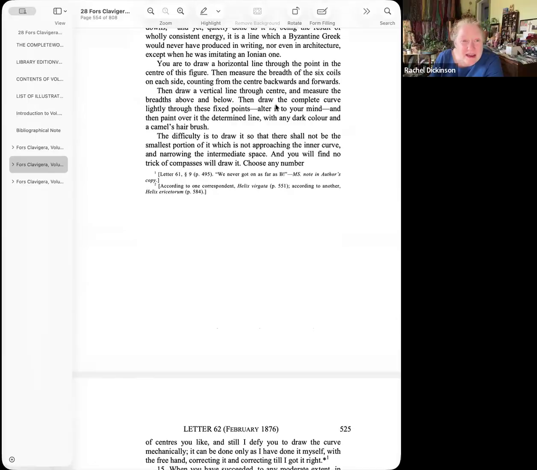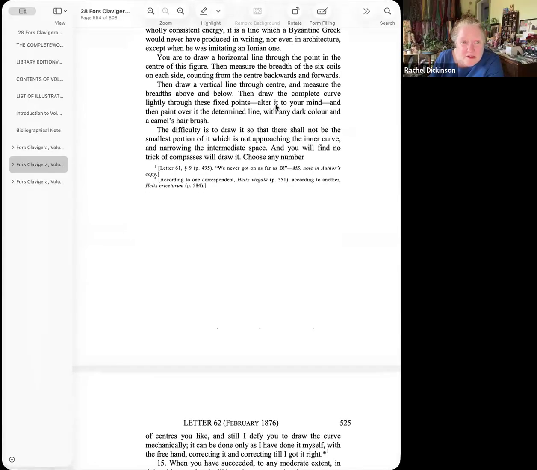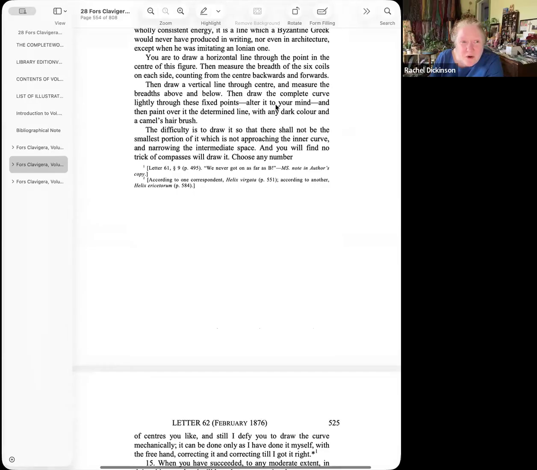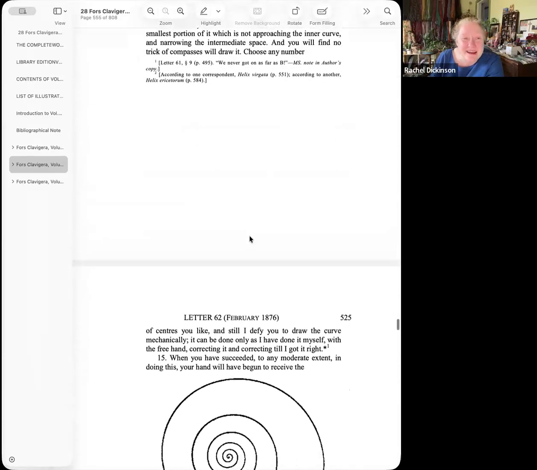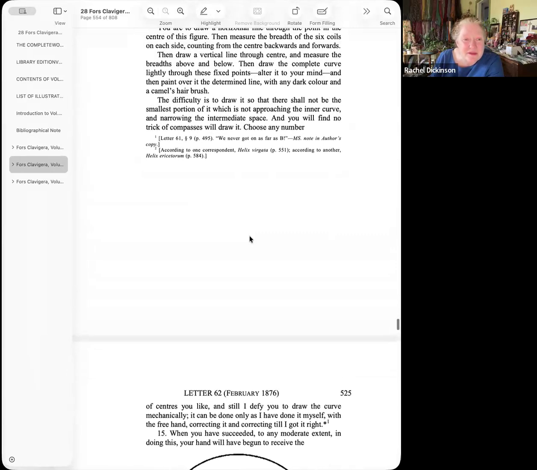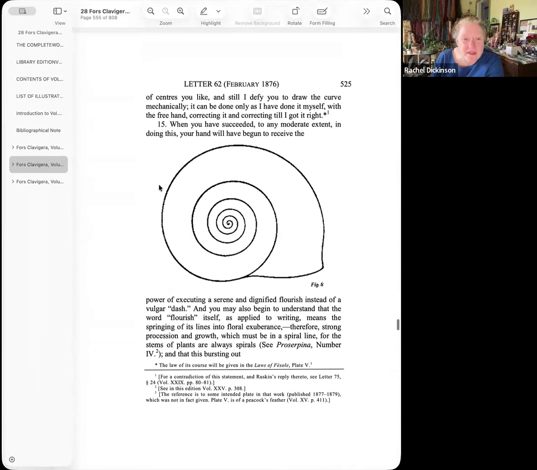So: draw a horizontal line through the point in the center of this figure. Then measure the breadth of the six coils on each side, counting from the center backwards and forwards, and so on. And so he talks us through drawing that particular shell as a model. There are other examples too, but I won't take the time to do that now.